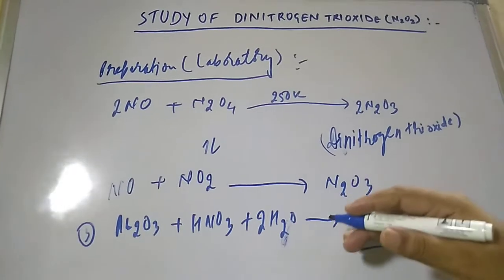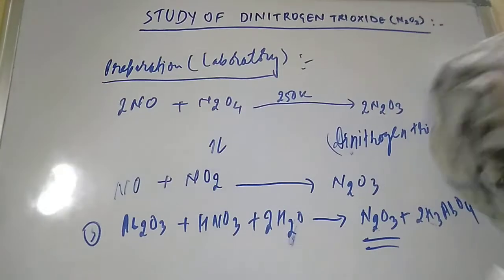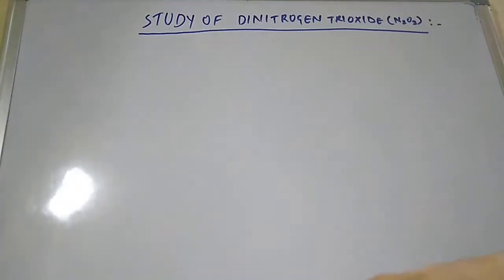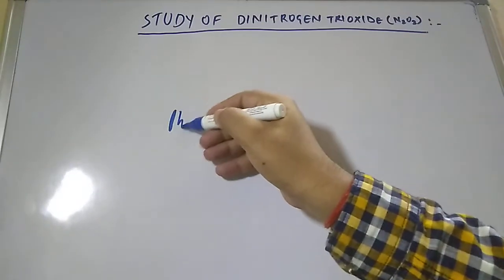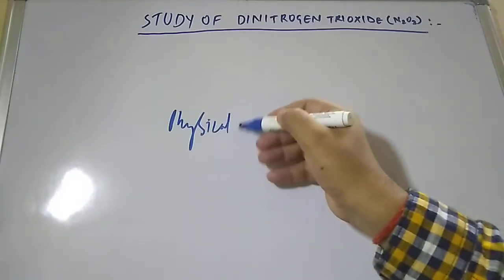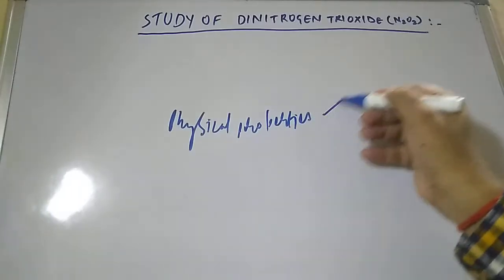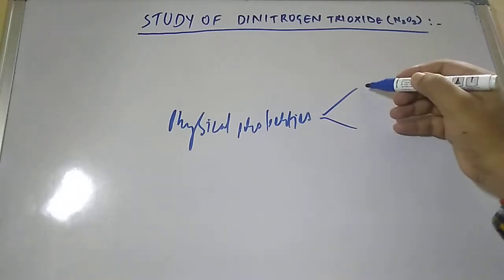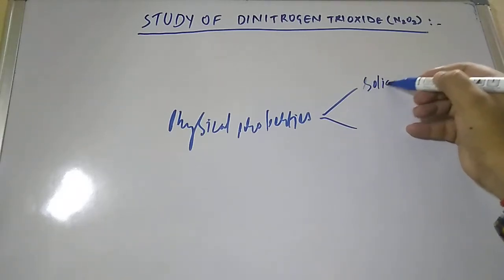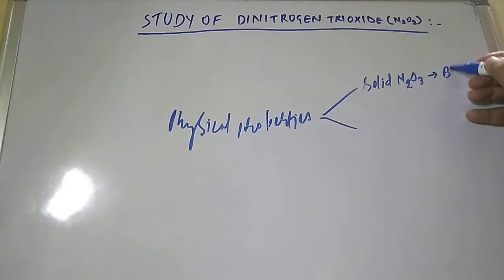Now let us see the other properties, physical and chemical, of dinitrogen trioxide. In physical properties, we don't have to study too much, only the elementary properties like color. If it is solid N2O3, it is blue in color.